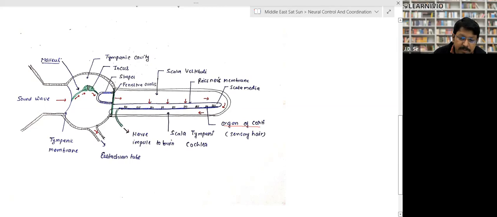The organ of Corti remains connected with a nerve, and this nerve transfers the nerve impulse to the brain, and that's how it reaches the brain. The extra sound comes out through the round window and then out through the eustachian tube. That's how the mechanism of listening works, and that's how we are able to listen to things properly.